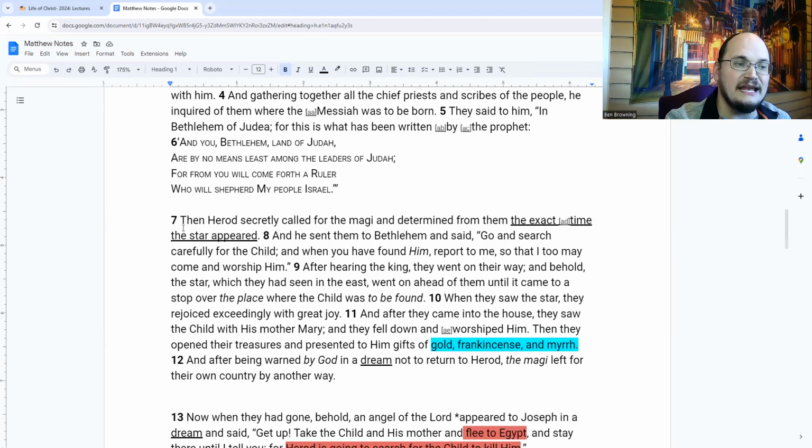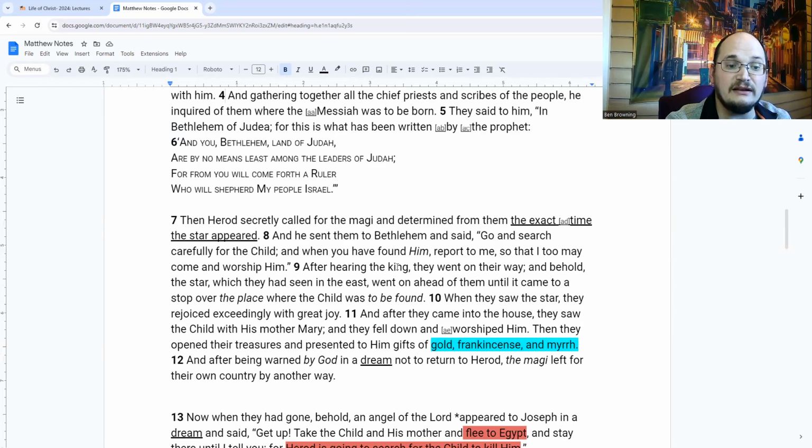So now, then Herod secretly called the Magi and determined from them the exact time that the star appeared. Okay, now this will become important later. And he sent them to Bethlehem and said, go, search carefully for the child. And when you have found him, report to me so that I too may come to worship him.